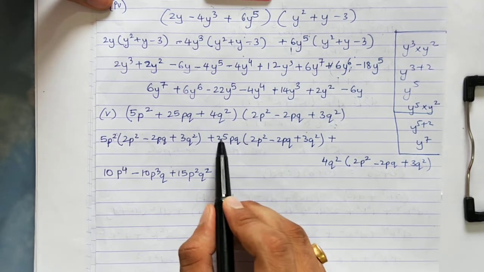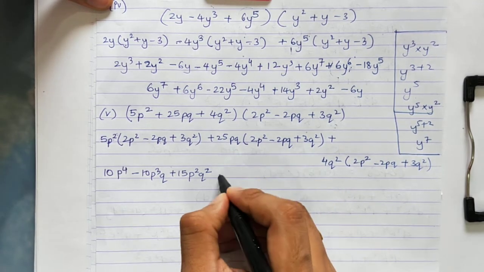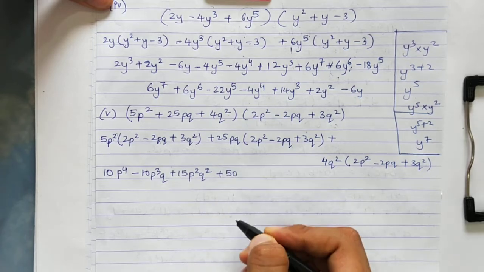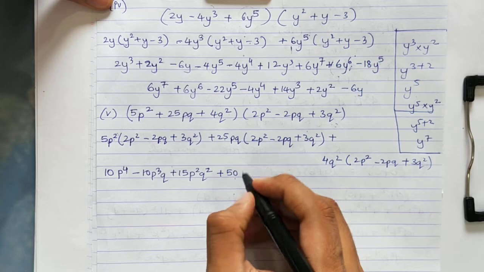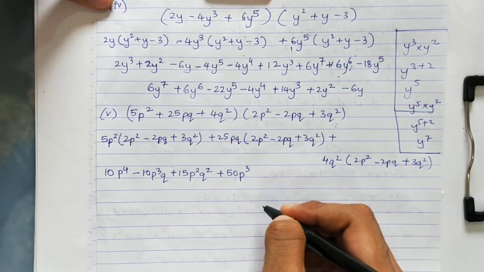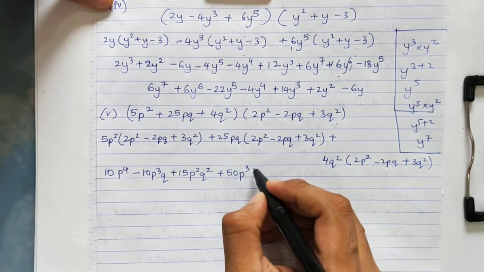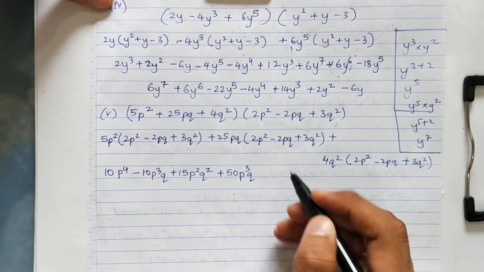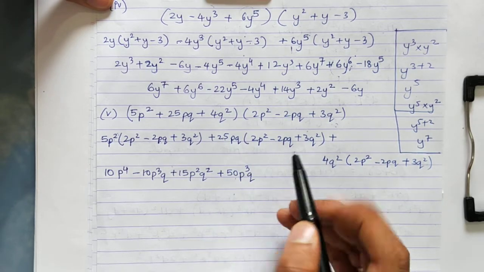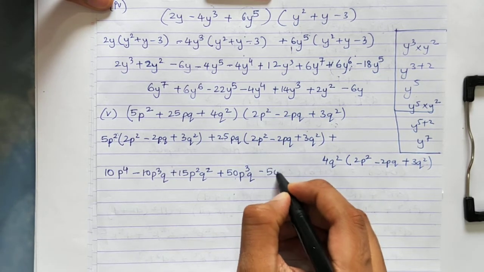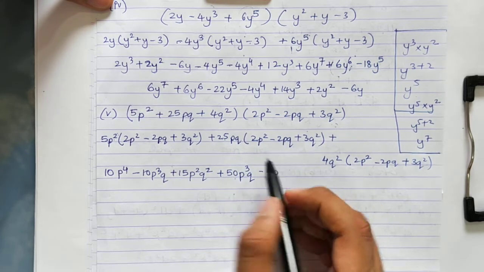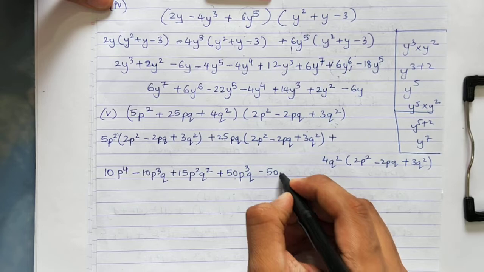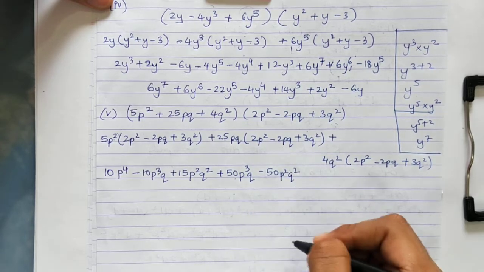Now 25 into 2 is 50, p into p square, p cube, and q is also there, so p cube q. 25 into minus 2, minus 50, pq into pq is p square q square.